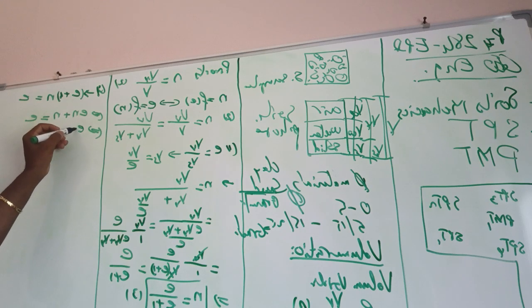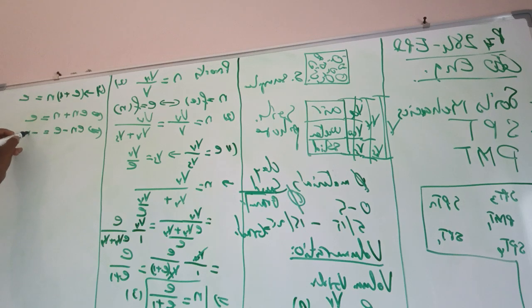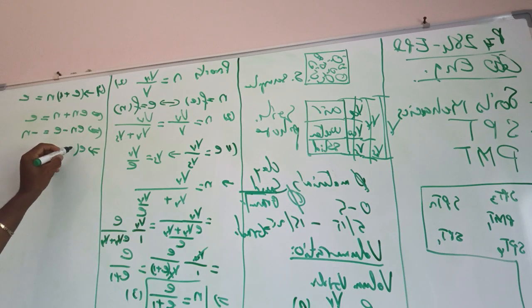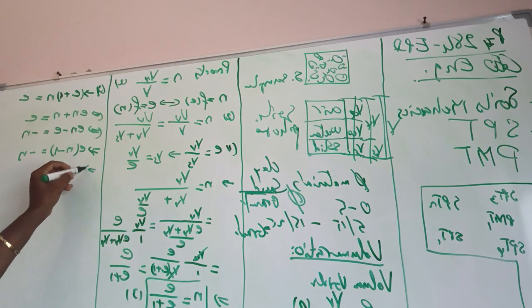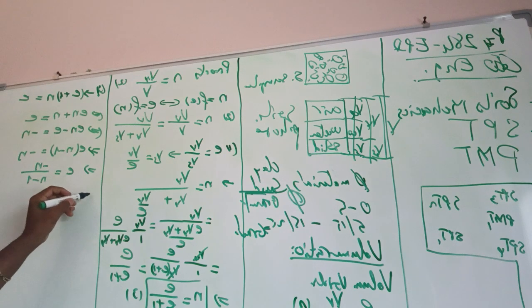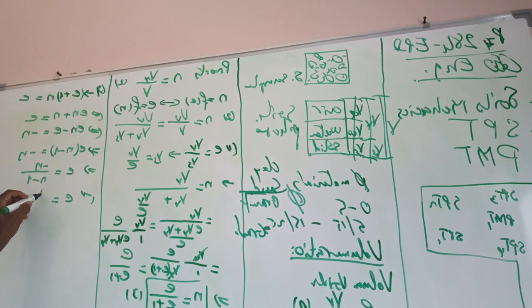Then we have en minus e equal to minus n, which implies e times n minus 1 is equal to minus n. We imply that e will be equal to minus n over n minus 1, which is the same thing as writing e equal to n over 1 minus n, and you are done.